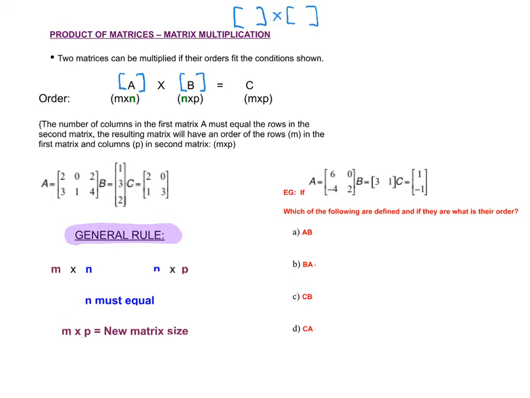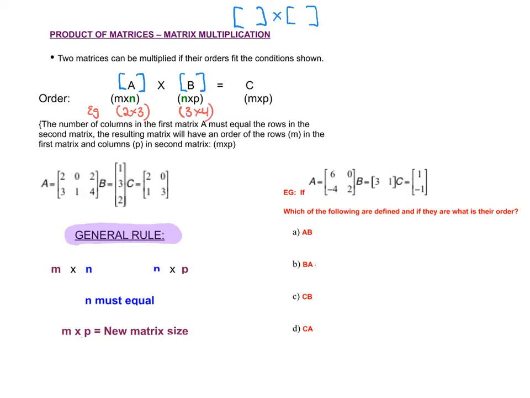In the example, matrix A has its own order. Pretend matrix A had an order of 2 by 3, and matrix B had an order of 3 by 4.